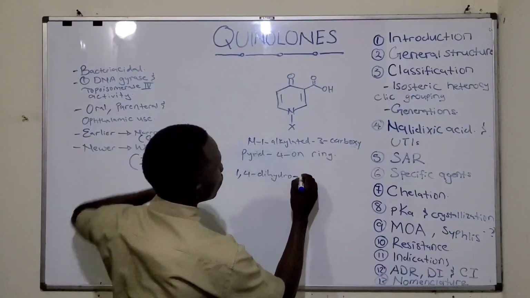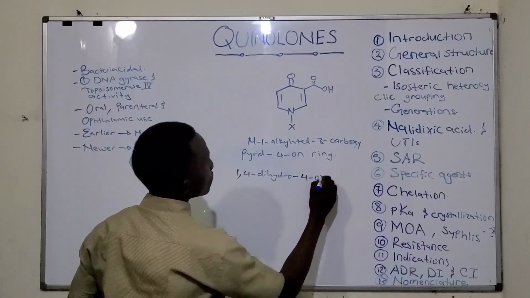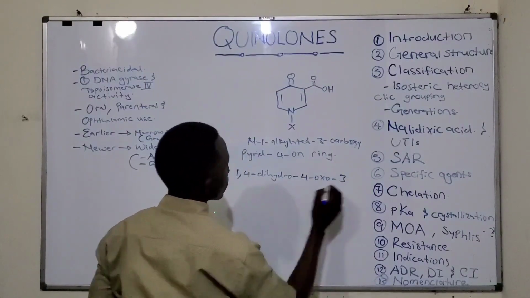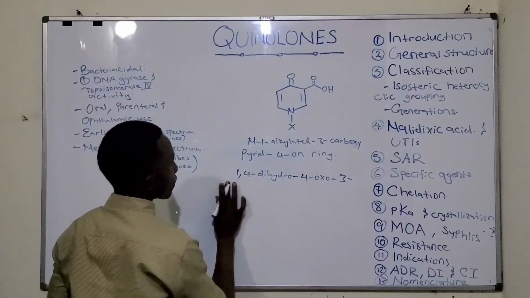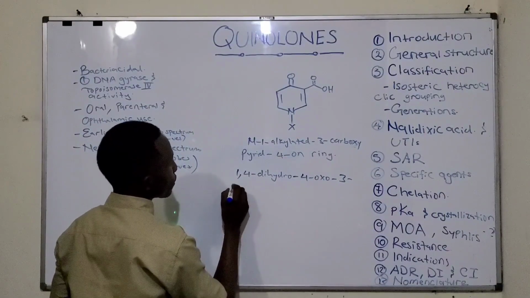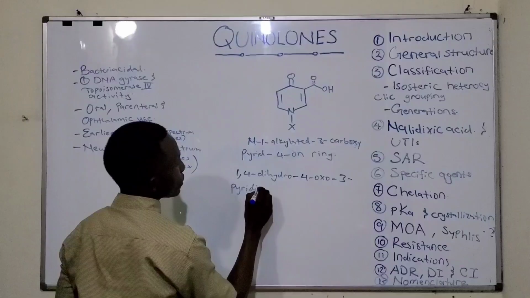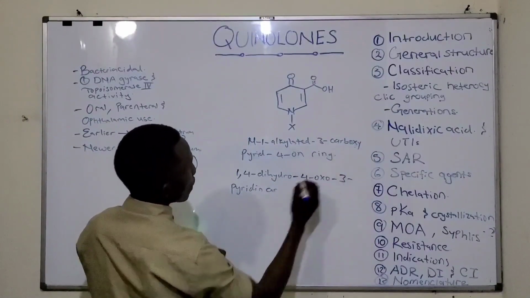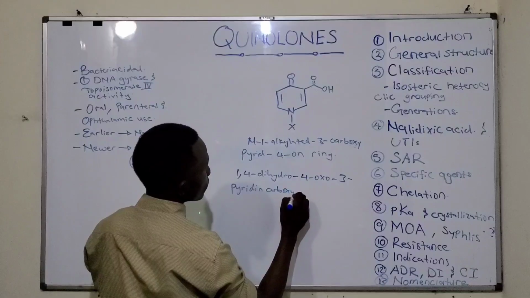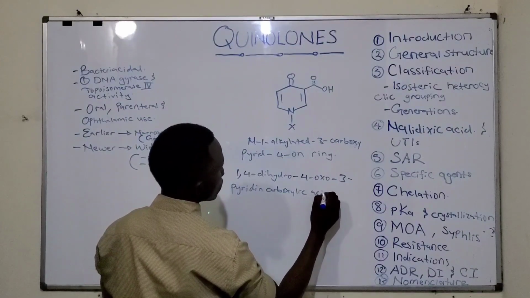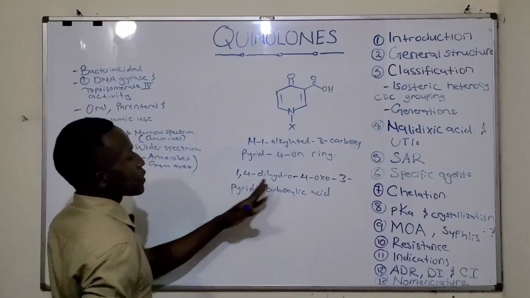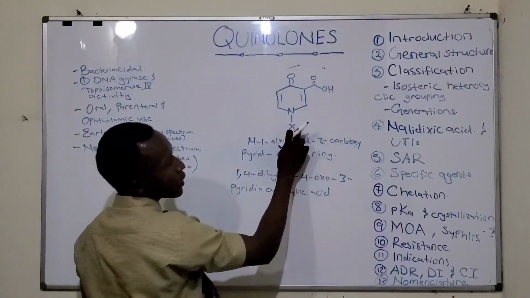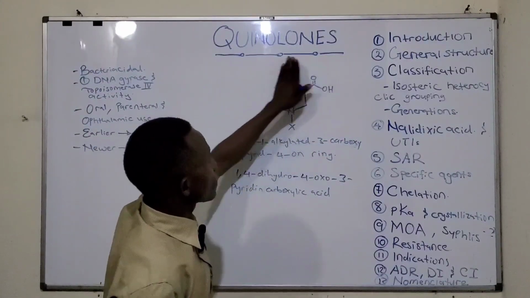Then at position 4 we have oxo, then at position 3 the pyridine carboxylic acid. So this is the pharmacophore. This group without the X is the pharmacophore.